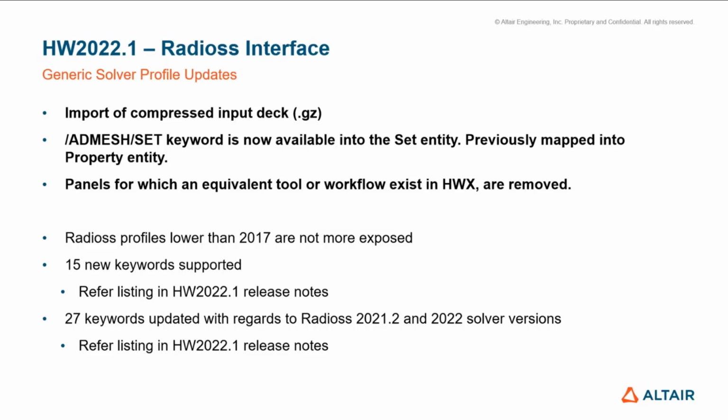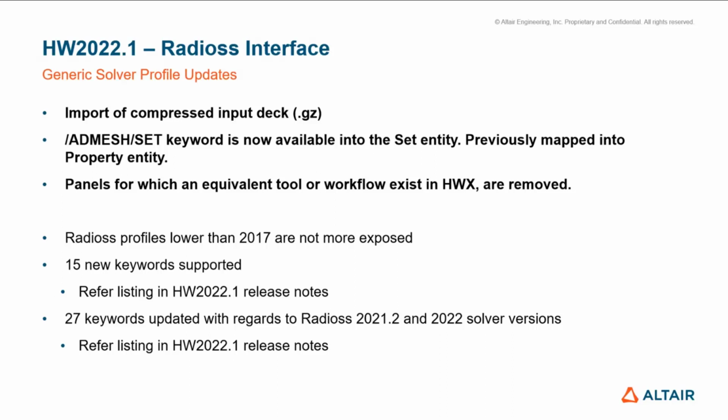So here you see it's continuously improving and cleaning up the different keyword mappings, which were in the past not correctly done. Same comment as in the LS-DYNA interface with the panels removal for the ones which have equivalent tools and workflows in HyperWorks.